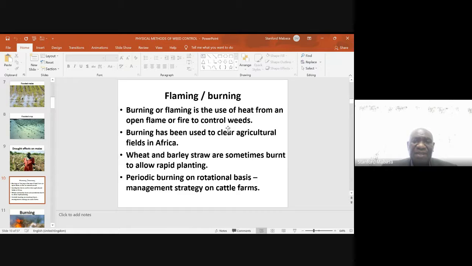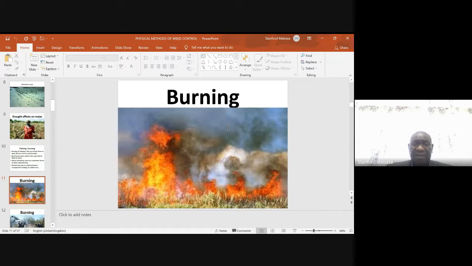There has been a periodic burning on a rotational basis as a management strategy on cattle farms. So this is burning. If it goes out of control, it becomes undesirable.